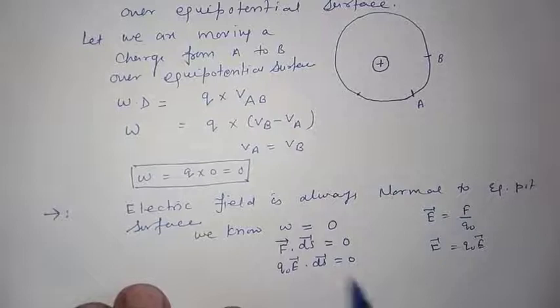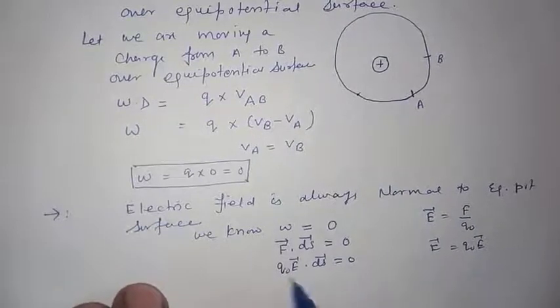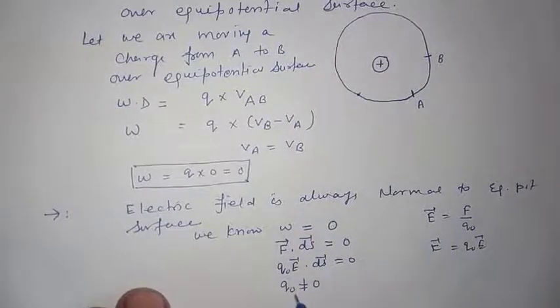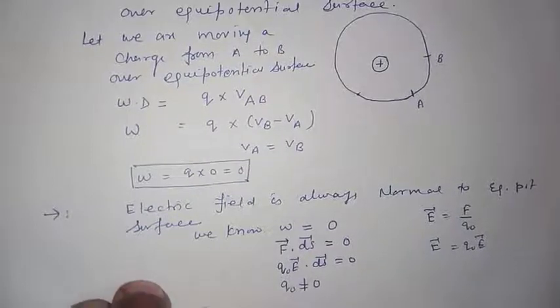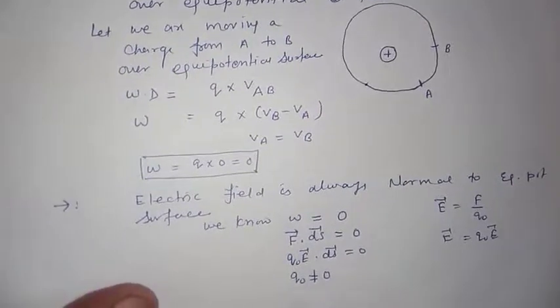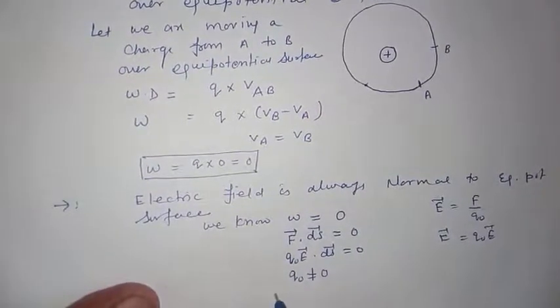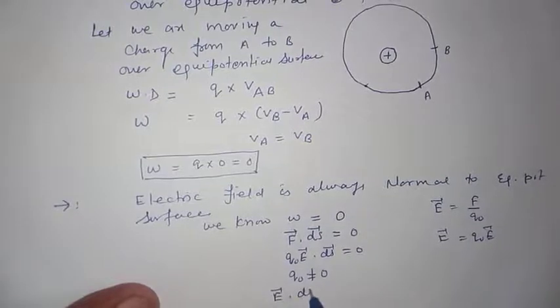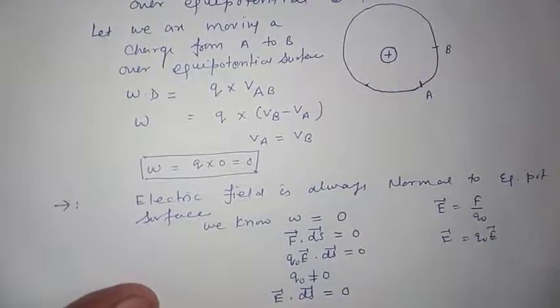Now to satisfy this equation, suppose Q naught is not equal to 0. There is no need to suppose also, because the magnitude of charge cannot be 0. It means the product E dot ds is equal to 0.